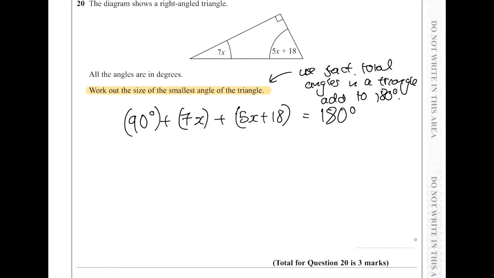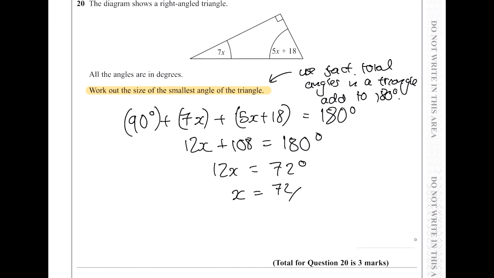So the angles added up, 7x plus 5x, we'll add them together, that gives you 12x. And then the 18 plus the 90 gives you 108. So then moving the numbers to one side, taking away 108 from 180 gives you 72. And then dividing by 12, it gives you 6.